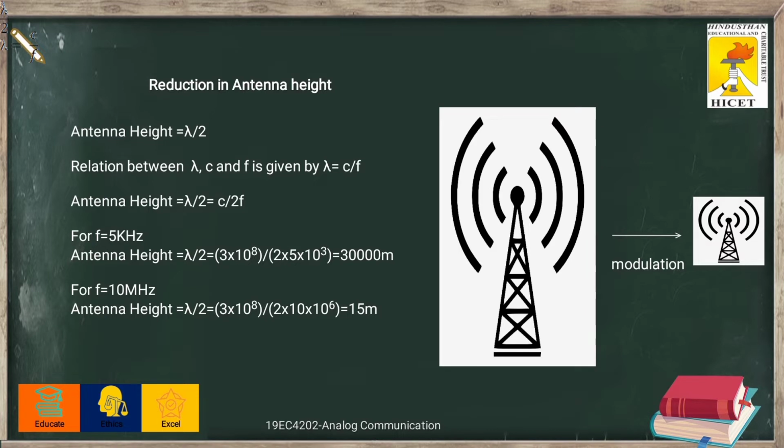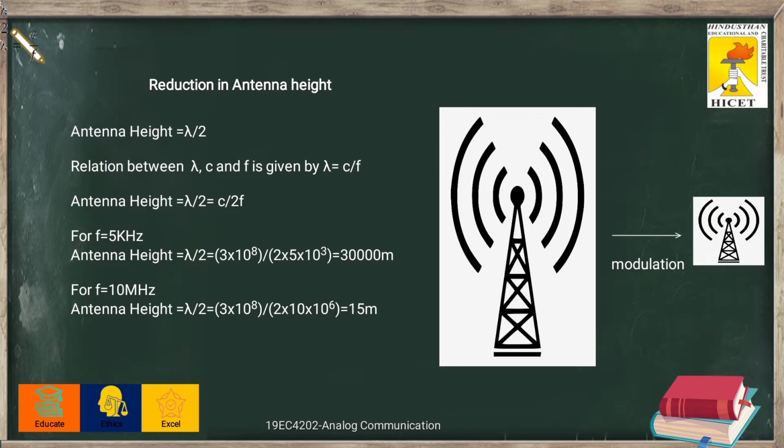For a signal of frequency 5 kHz, the antenna height can be calculated as lambda by 2 equal to 3 into 10 to the power 8, which is the velocity of light, divided by 2 into 5 into 10 to the power 3. So which is 30,000 meters, approximately 30 kilometers.